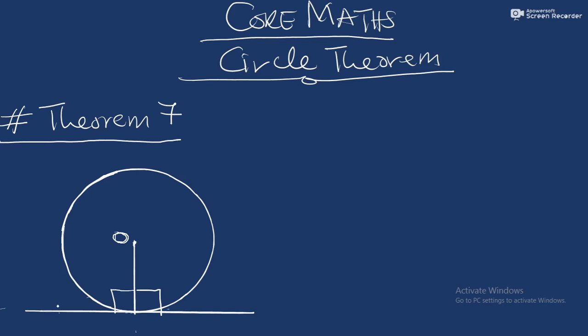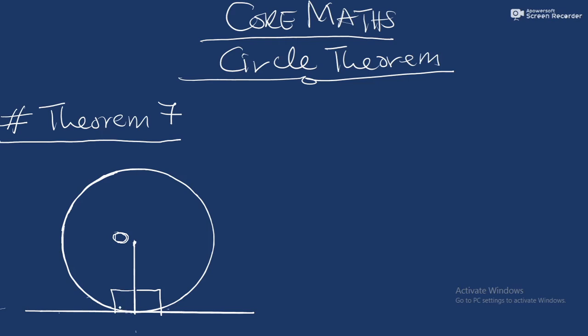Anytime two lines are perpendicular, the angle between them is 90 degrees. So I hope you get it.